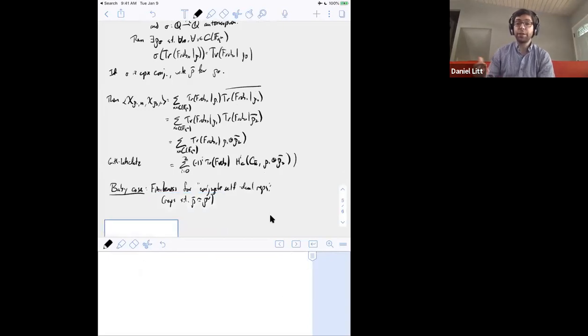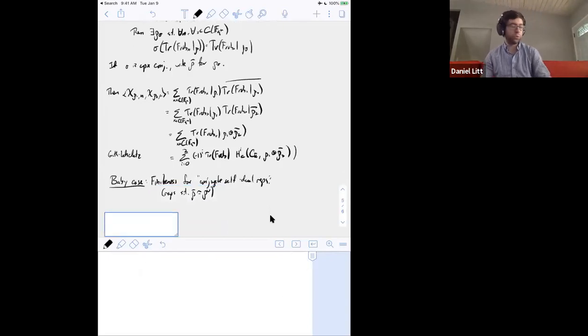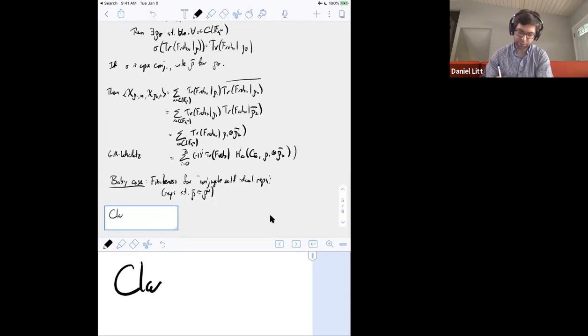All right, so let's prove that the set of irreducible conjugate self-dual reps is finite. So what kind of claim do we want to prove?